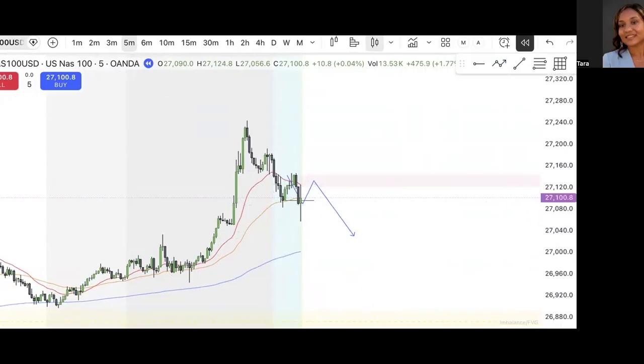And we can go ahead and list those confluences. Below the 20 and the 50 EMAs, it's lower highs and lower lows during pre-market.